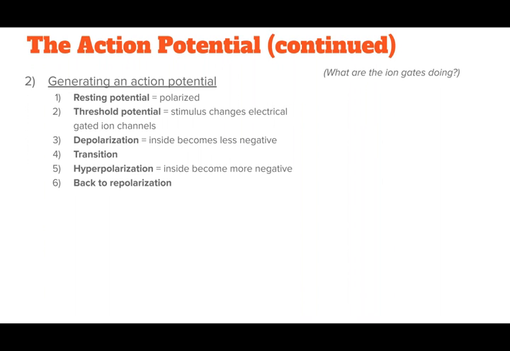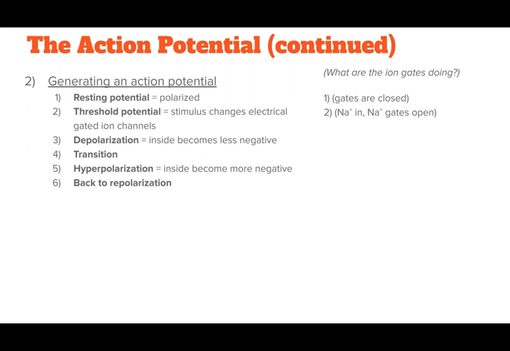So at step number 1, when your neuron is at rest, the gates are closed. Okay. So these things in parentheses here are what the gates are doing. So when you reach the threshold potential and you're going to send a stimulus, these sodium gates are the ones that open and a bunch of sodium rushes in.